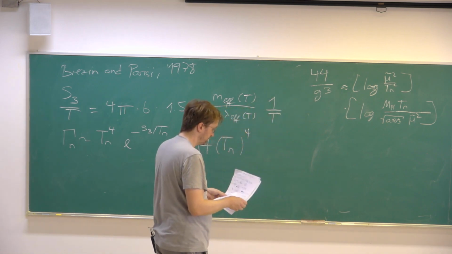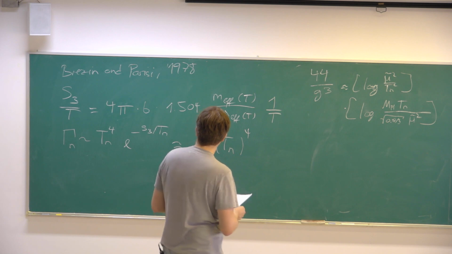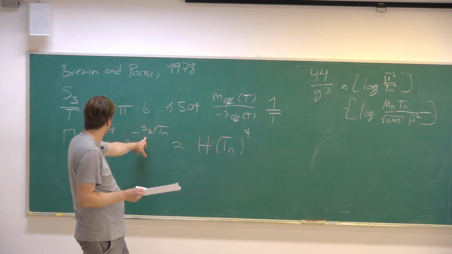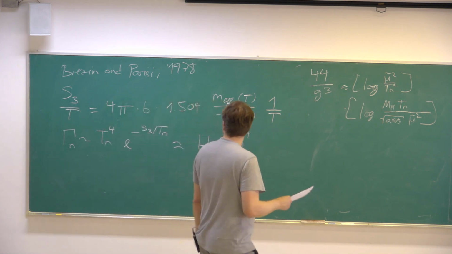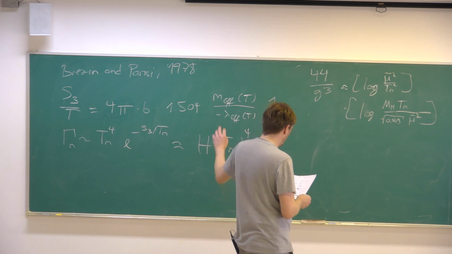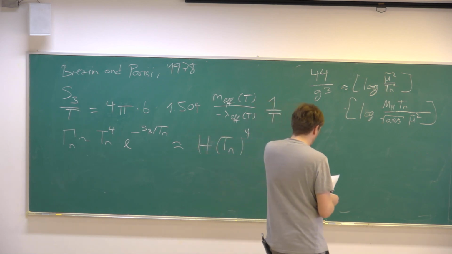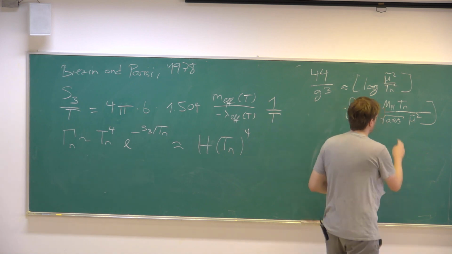So it's a product of two logs, exactly. So the one log comes from here. Well, I guess you take the log of this. So it's the square root of 0.17 divided by 3.